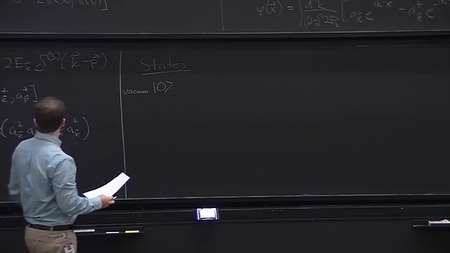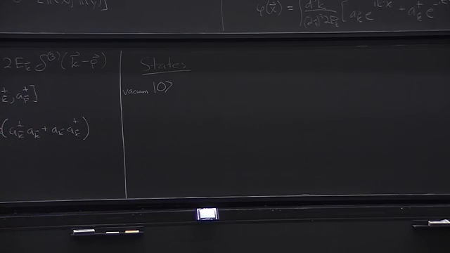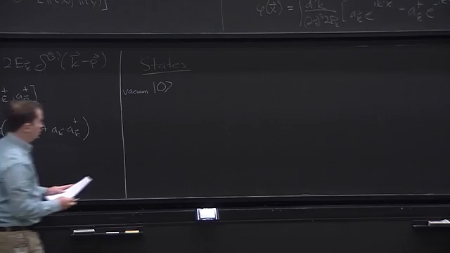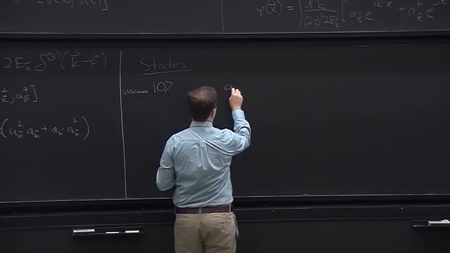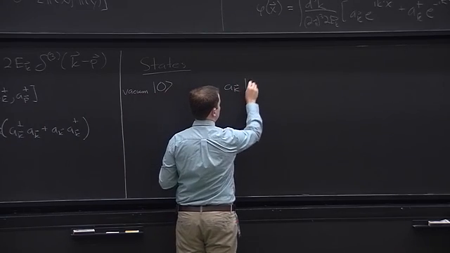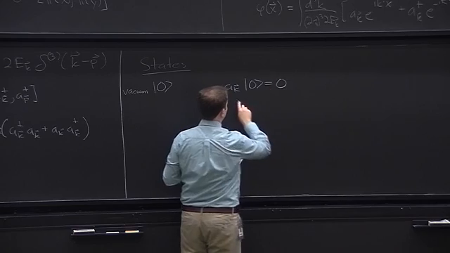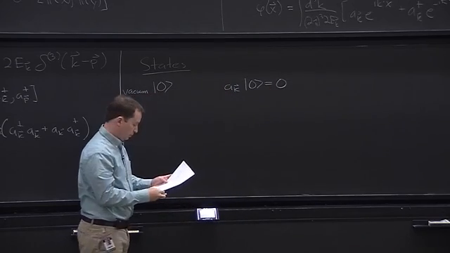And so if we're interpreting these a_k's as annihilation operators, what we mean by the vacuum is the state that is annihilated by all of the annihilation operators for any k.